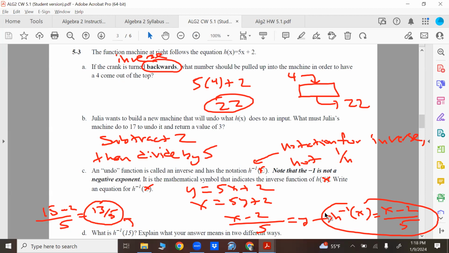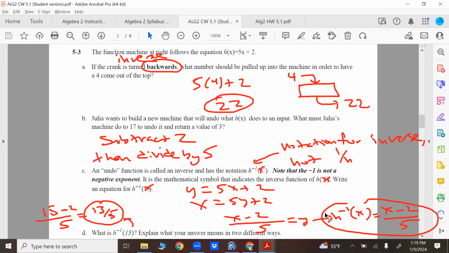So anyway, what's happening here is you're being asked to find the inverse. But remember, when we say the crank is turned backwards, that means inverse, right? If the output comes out of the inverse, it means it had to come in to the original.